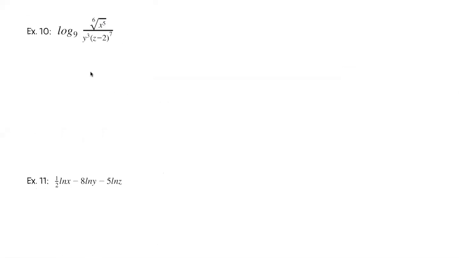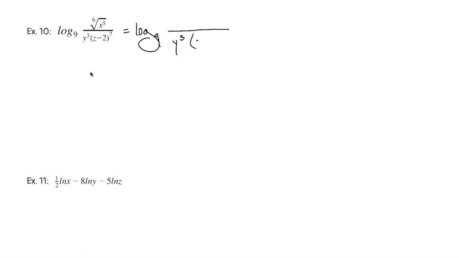So one of the things that I like to do before I start to use my log properties is write everything with the power so I can see the power. Now on the bottom, I know this is y cubed. At some point I'm going to need to bring that 3 down as a coefficient, but not until the end.